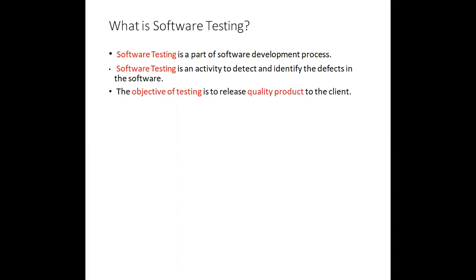We give the values 2 plus 2, and our expected value is 4, but the actual output is 6. The behavior is different, as our expected value is 4 but the actual output is 6. So this is called a bug or defect. Are you getting it? Yes, Farooq. So unexpected behavior of the application is called a defect.